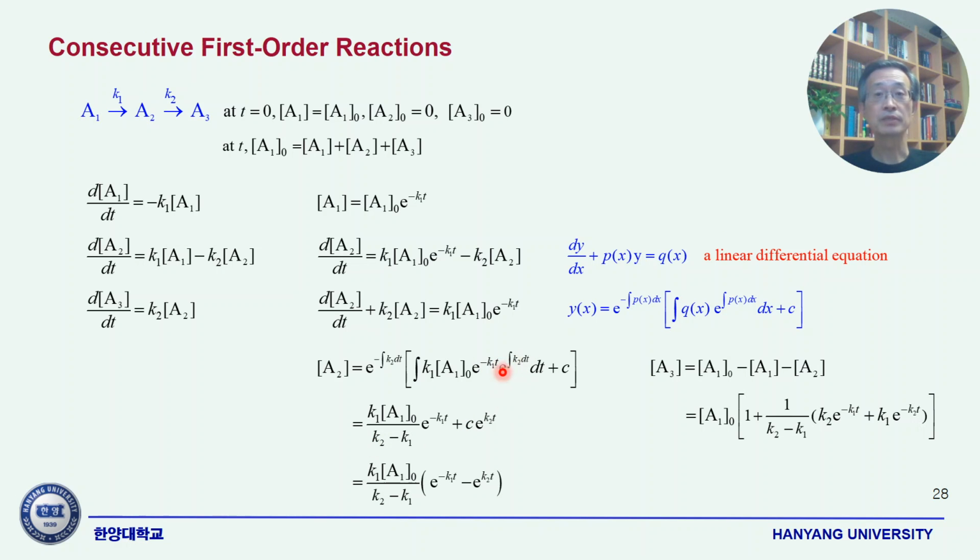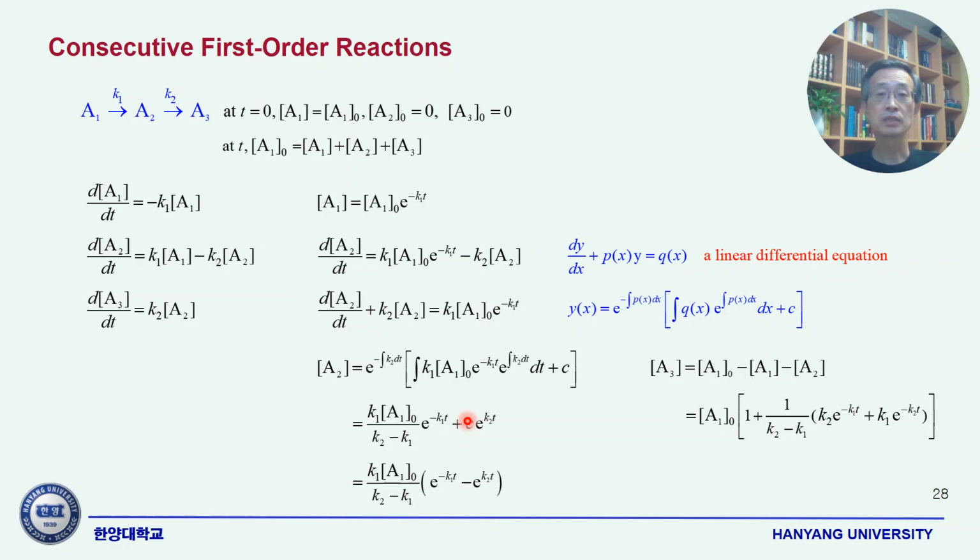Firstly you have to integrate this and then cancel. Which gives k2 minus k1 in the denominator, and k1 is just a constant term, with e to the minus k1t.